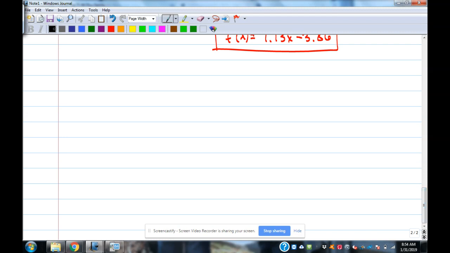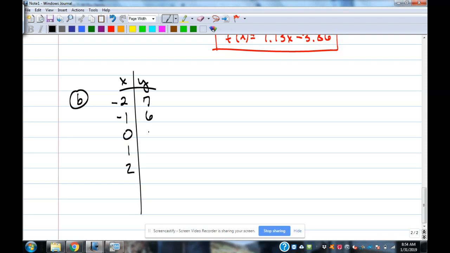Let's do one more, and then we'll get out of here. Get a table, X values: -2, -1, 0, 1, 2. Y values: 7, 6, 3, 2, 0. Let's find a line of fit, and then a line of best fit.